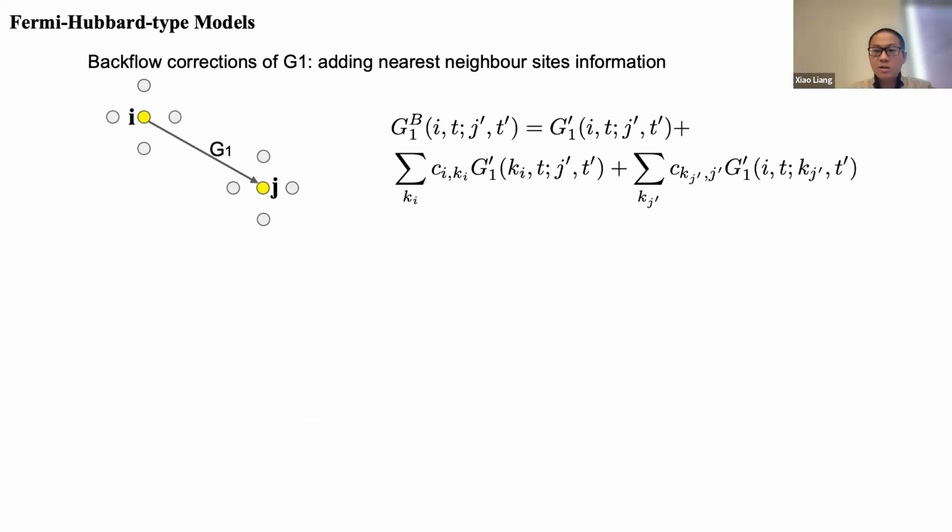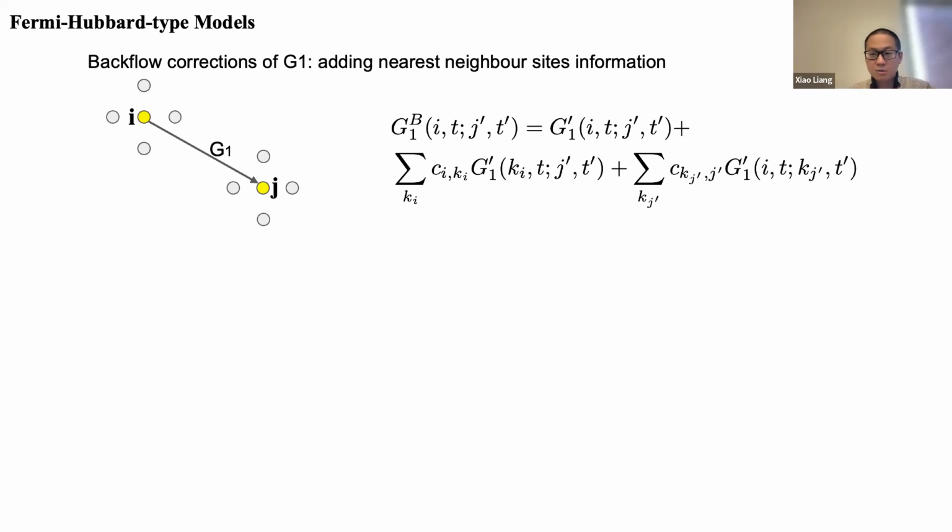Here we denote how the backflow correction is performed for the one-bounded Green's function. For a one-bounded Green's function, it associates with two sites, such as i and j in the slide. The backflow correction adds information of other sites into the one-bounded Green's function. One straightforward way is to put all sites into the one-bounded Green's function.